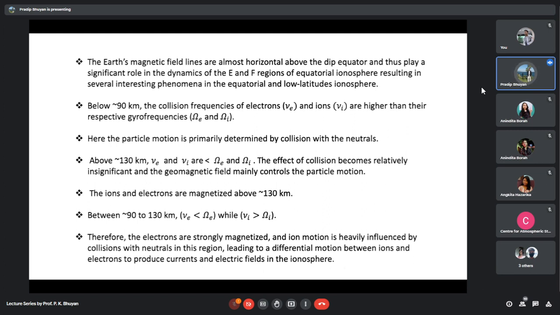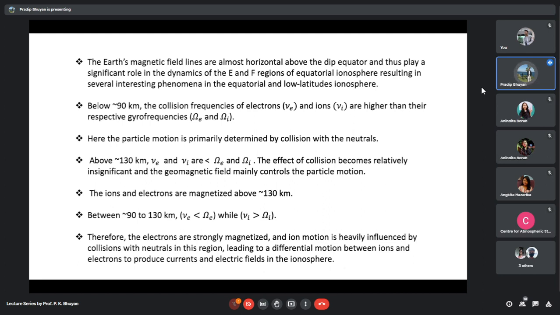90 to 130 kilometers, that means around the E region, because the electron collision frequency is much less compared to its gyro frequency, it collides very less frequently, and therefore it is controlled by the magnetic field. It is magnetized.